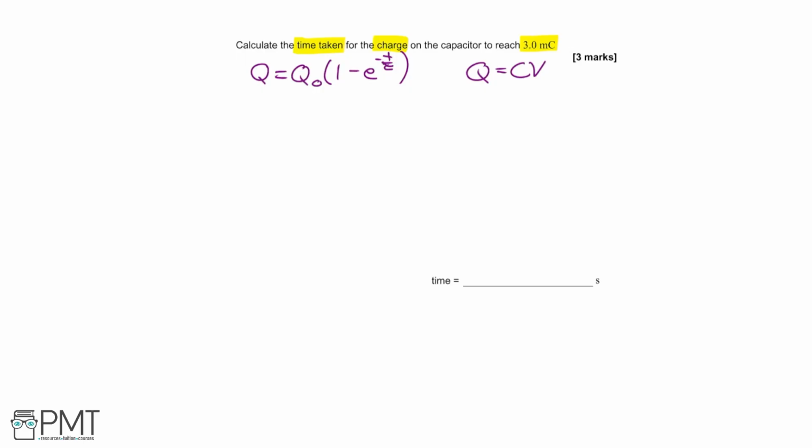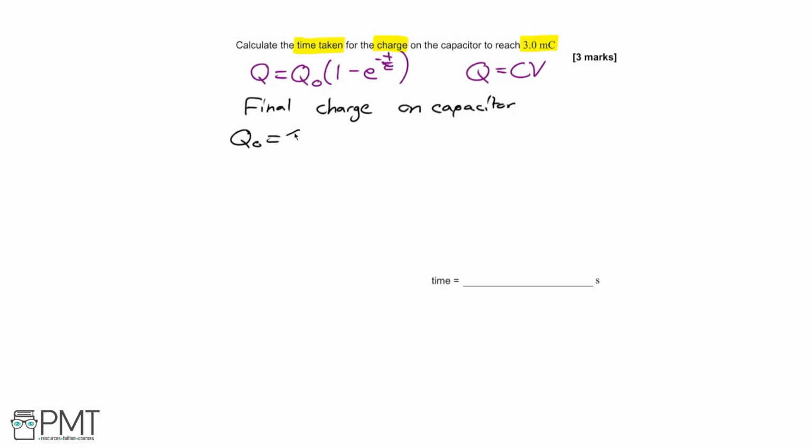Going from here then, we need to work out what the final charge on the capacitor will be. So that value is Q0. To do that, we need to use the equation Q is CV, because we know what the final voltage is. It's 9.8 volts from the battery, like we commented earlier.